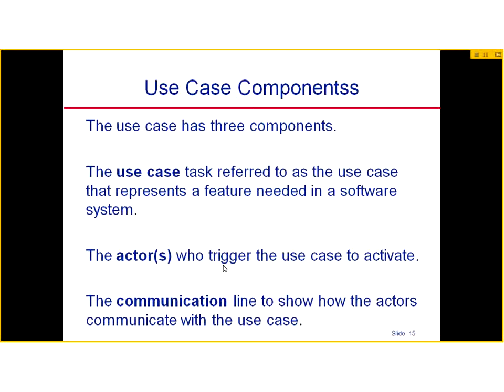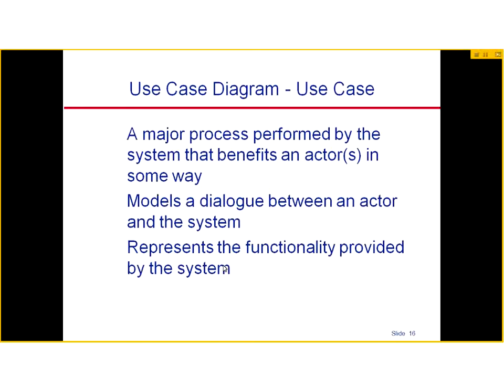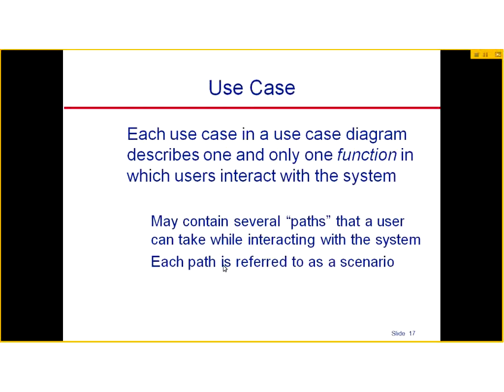The use case components are: the use case task, which is a use case that presents the feature needed in the software system; the actors who trigger the use case to activate, where the actor is the user or the person who is activating this; and the communication line to show how the actors communicate with the use case. A use case is a major process performed by the system that benefits the actor, models the dialogue between an actor and the system, and represents the functionality. So this is all about use case.